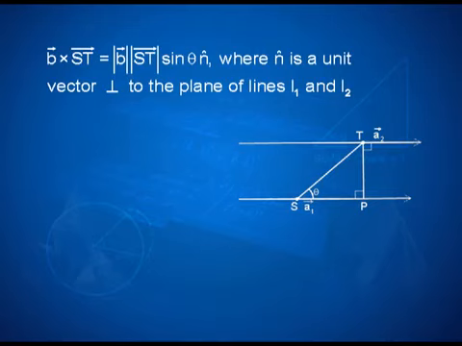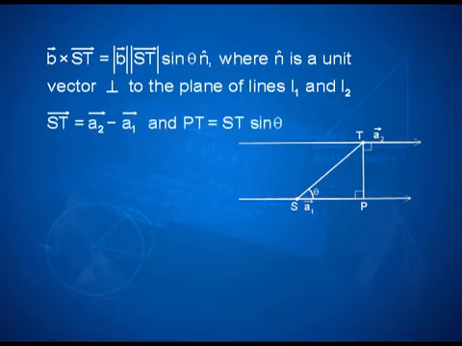Then B cross vector ST is magnitude of B, magnitude of ST, sine theta into a unit vector n cap, which is in the plane of the lines L1 and L2. Now, this vector ST is known to us as vector a2 minus vector a1.